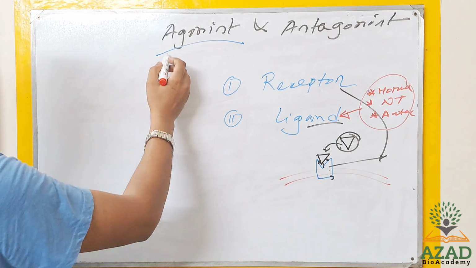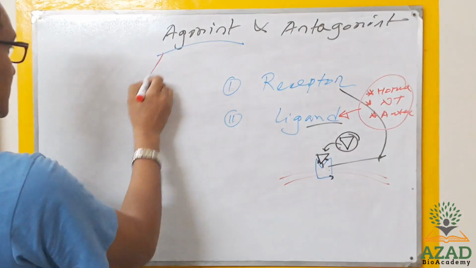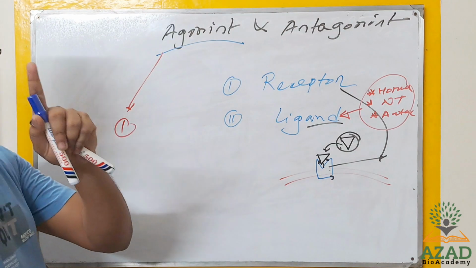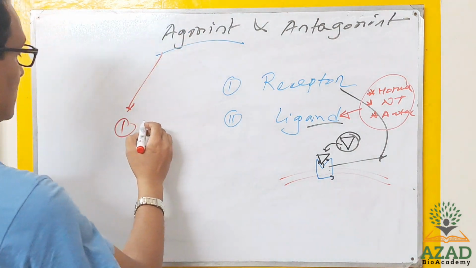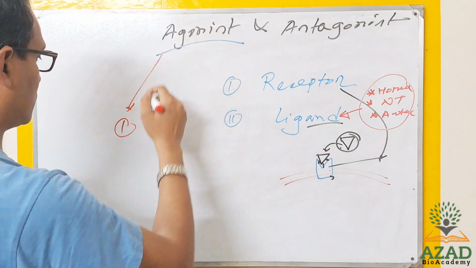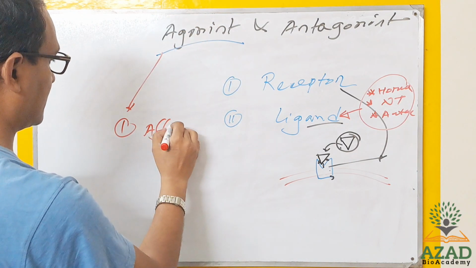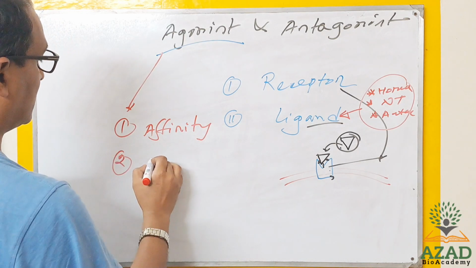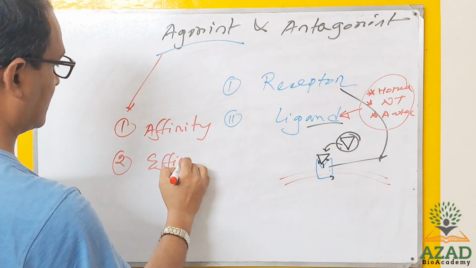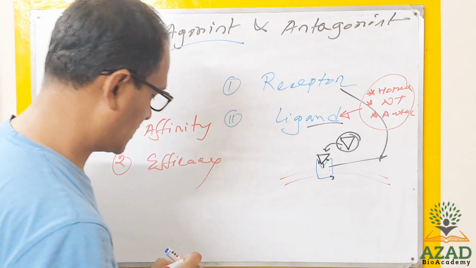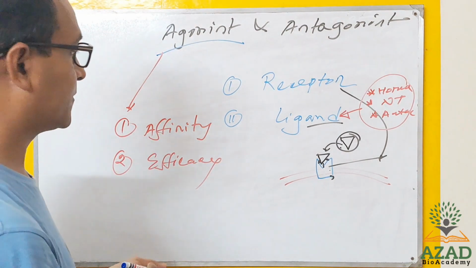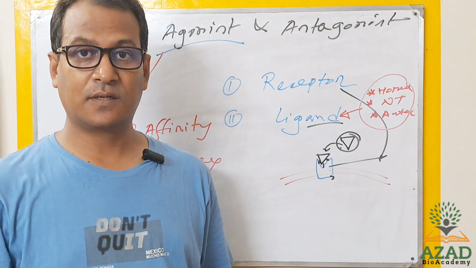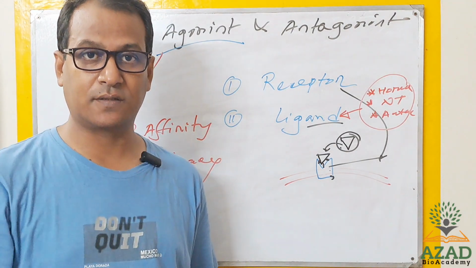So now I will come to the point: there is one parameter, one criterion that must be present, that is affinity, and the second one is efficacy. Okay, so what does it mean actually? Affinity means the attraction, the binding ability.